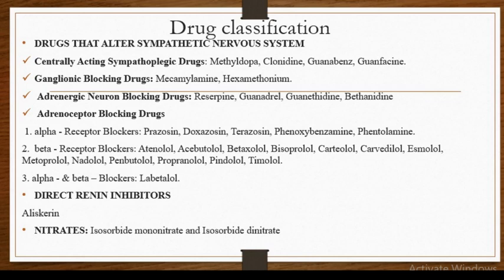And so these drugs will prevent the action of the sympathetic nervous system on the heart. Beta blockers will prevent the effect of epinephrine and norepinephrine on the heart. By so doing, they are going to decrease the heart rate, also decrease the contraction of the heart, and this will lead to a decreased cardiac output as well as a decreased blood pressure.